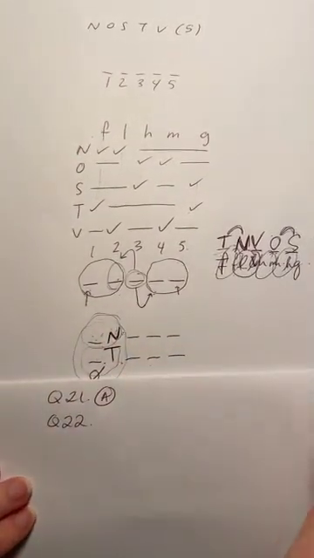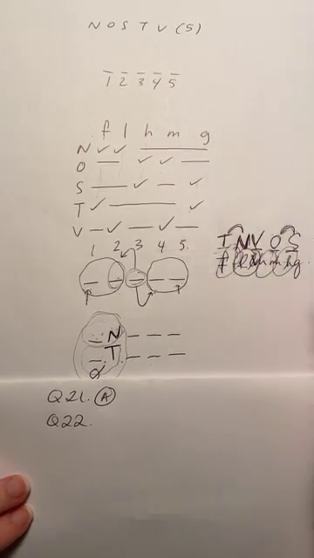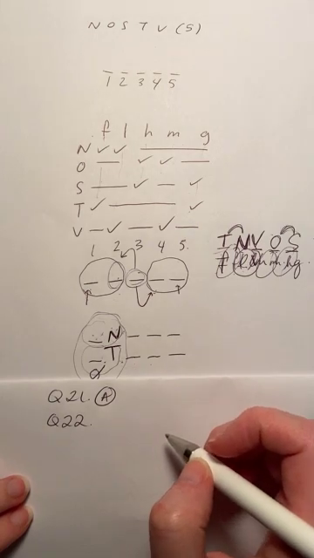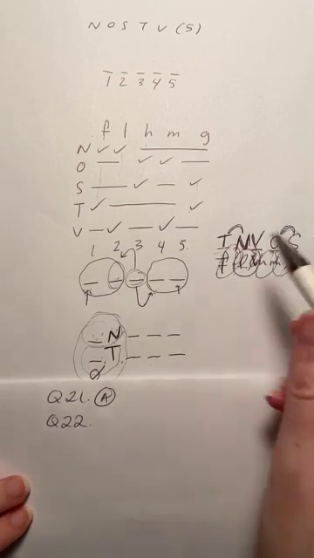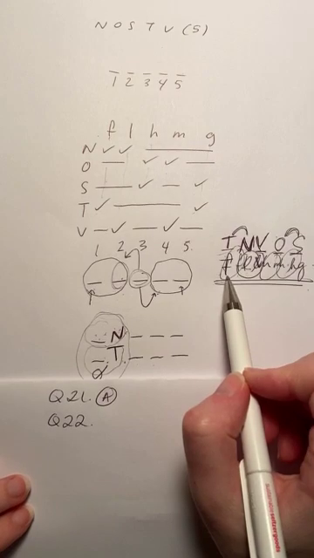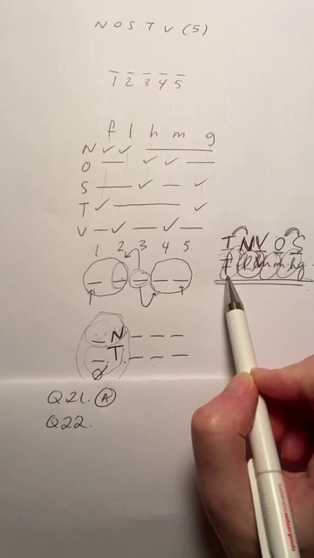Question 22, if each piece except the fifth shares one instrument with the piece performed immediately after it, okay, then which one of the following could be true? So that essentially means that every piece possible would share an instrument with the one before it and the one after it.